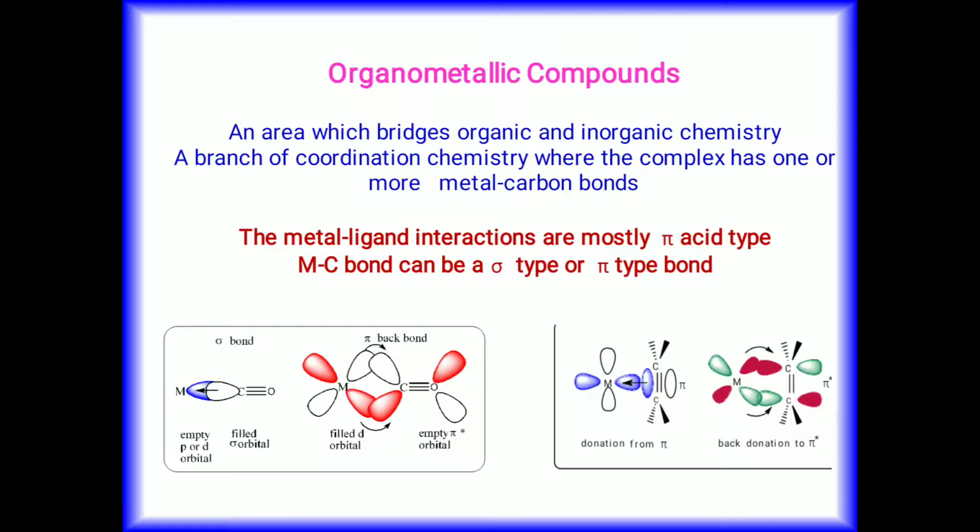Organometallic chemistry is an area which bridges organic and inorganic chemistry, a branch of coordination chemistry where the complex has one or more metal-carbon bonds. The metal-ligand interactions are mostly pi-acid type. The metal-carbon bond can be a sigma type or pi bond type.